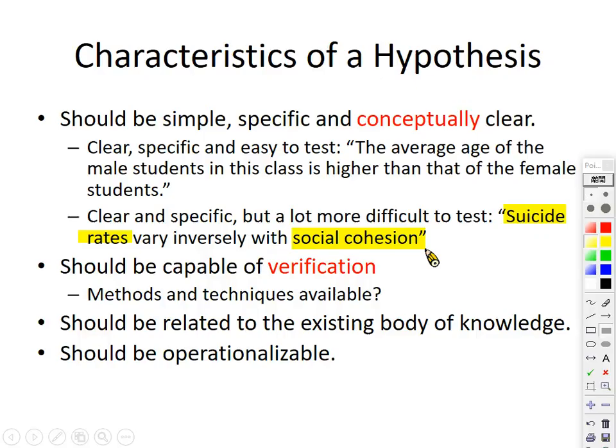Okay? So here, suicide rates is a concept, but it is easier to measure. You can measure it in terms of, say, annual rate or monthly rate. You name it. That will be fine. But how about social cohesion? This is another concept, right? When you say social cohesion, it's a little bit difficult because you need to understand what constitutes the major indicators of social cohesion.